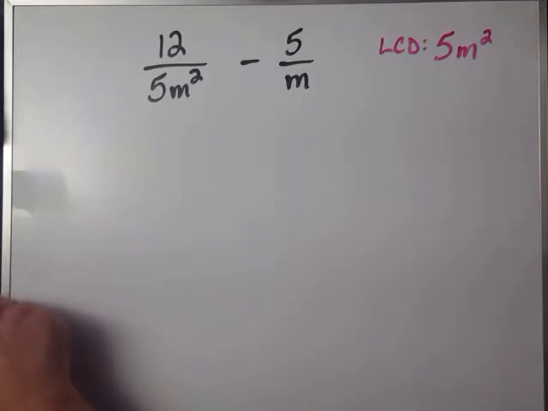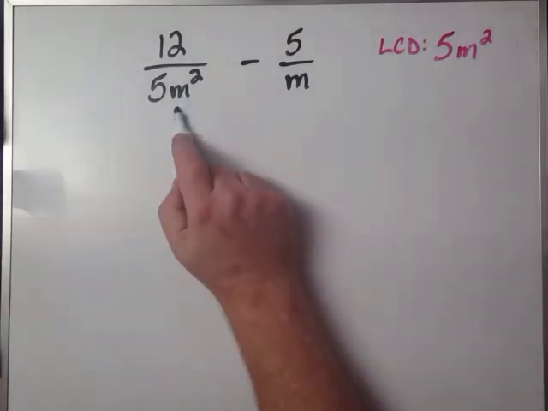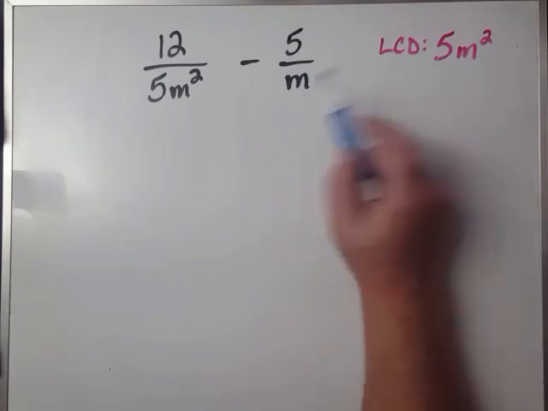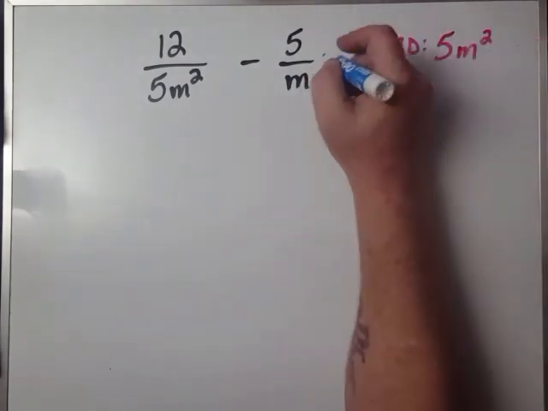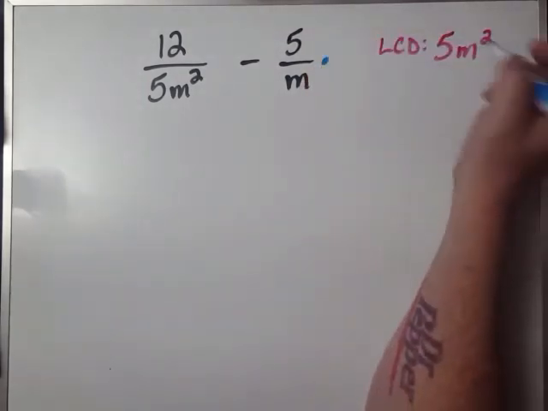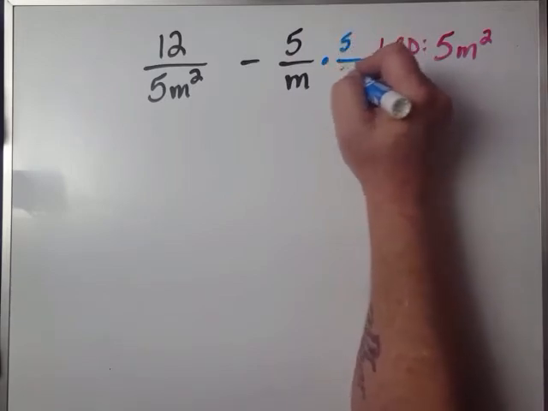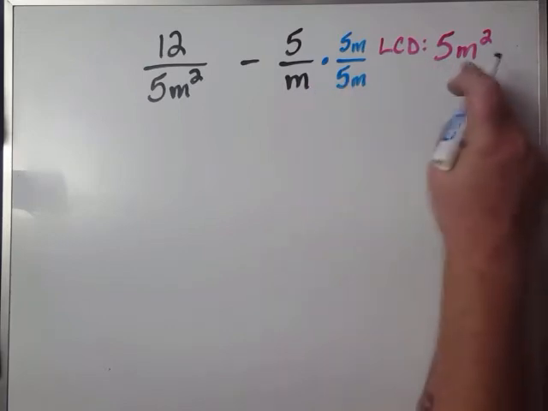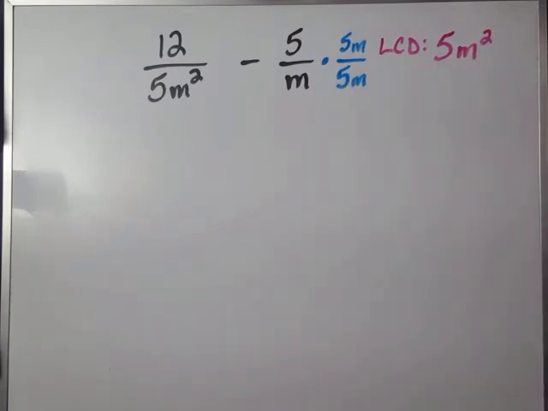Now we ask the question, what's missing? And of course in this first denominator, it's already ready to go. It's already that 5m squared. My second denominator though, what's missing? I have a single m. I need a factor of 5 and one more factor of m to turn this into 5m squared.